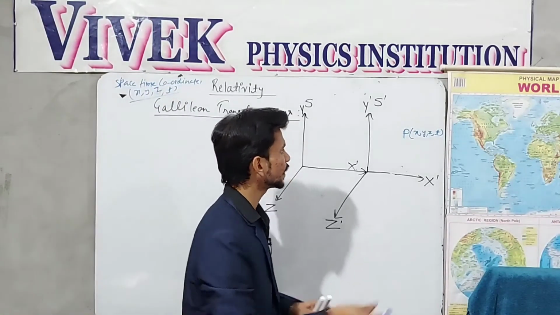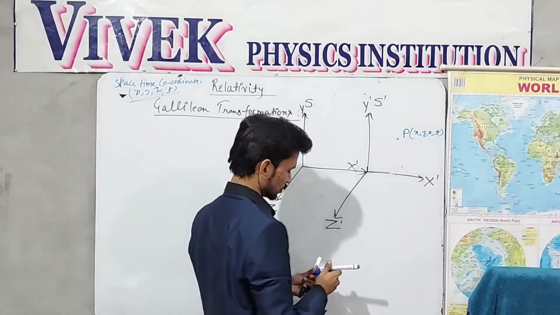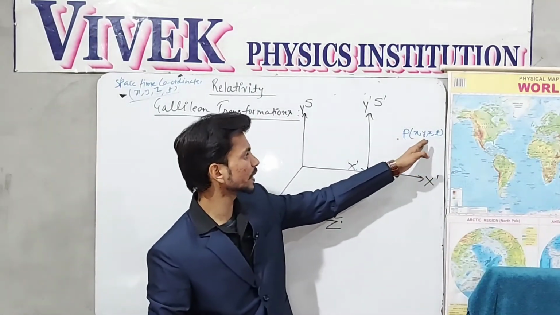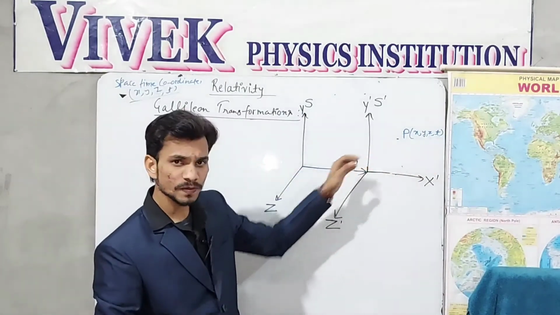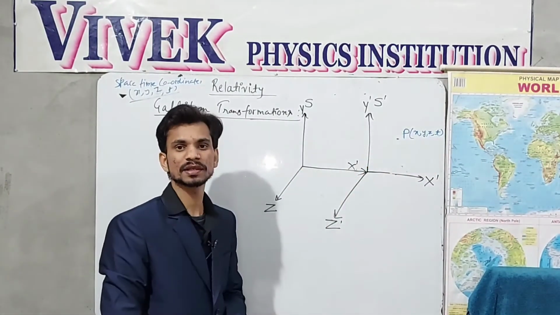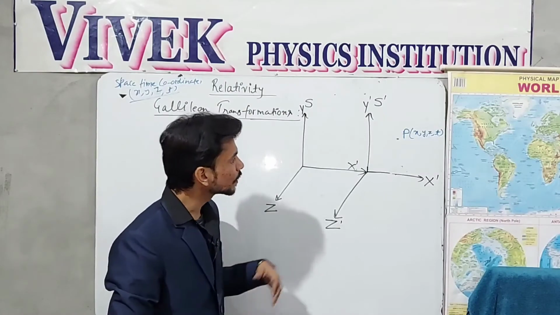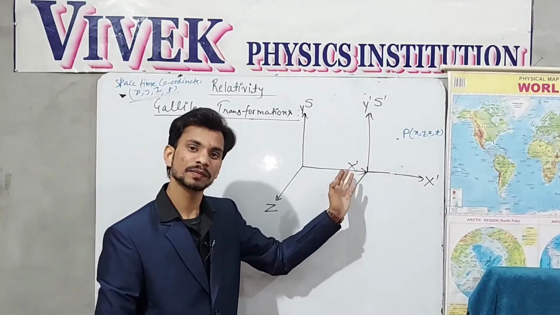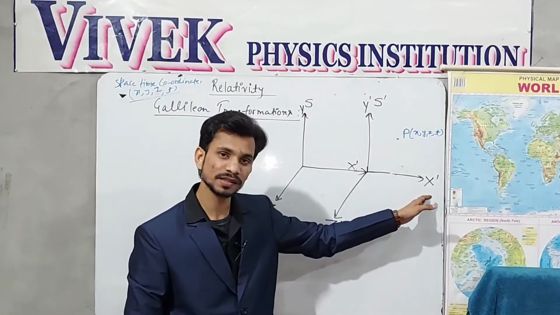So the particle P, which is here, its space coordinates are x, y, z and t, which are observed in the first inertial frame of reference. Now this frame of reference is moving with velocity v in the direction of the x axis.